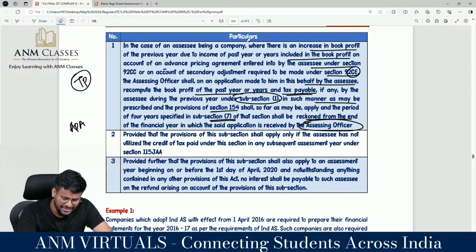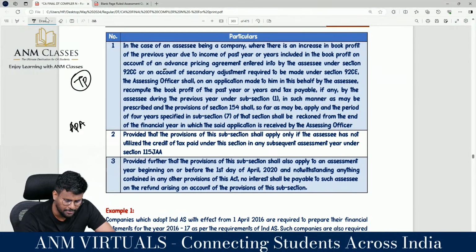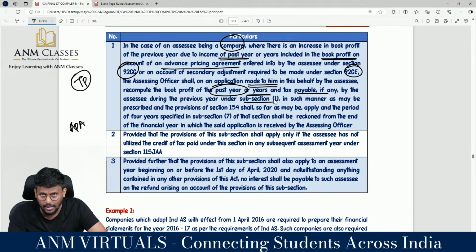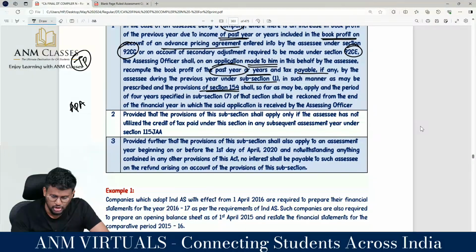Now you read it. In case of an assessee being a company, for company only MAT provisions will be applicable. Where there is an increase in book profit of the previous year, last year's book profit is increasing due to income of the past year or years included in the book profit on account of advance pricing agreement entered into by the assessee under section 92 CC, or on account of secondary adjustment required to be made under 92 CE, the AO shall, on an application made to him in this behalf by the assessee, recompute the book profit of the past year or years and tax payable, if any, by the assessee during the previous year under subsection 1 in such manner as may be prescribed, and the provisions of 154 shall, so far as may apply.